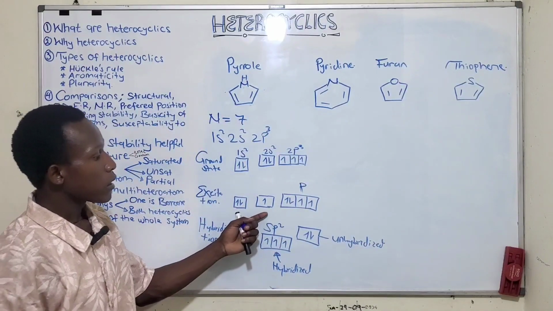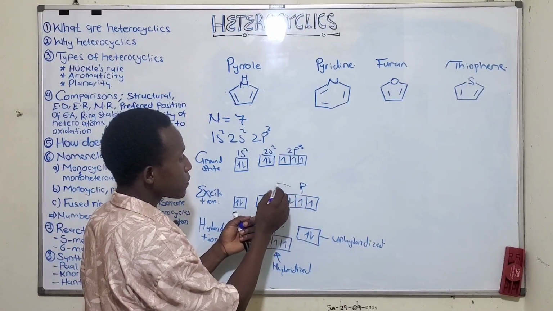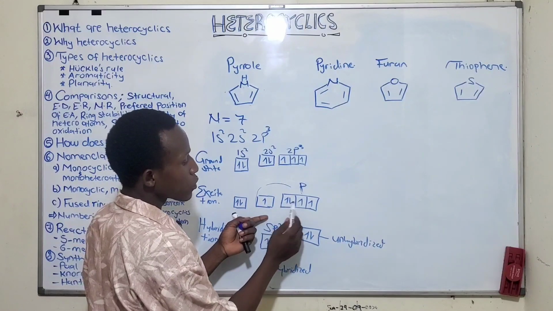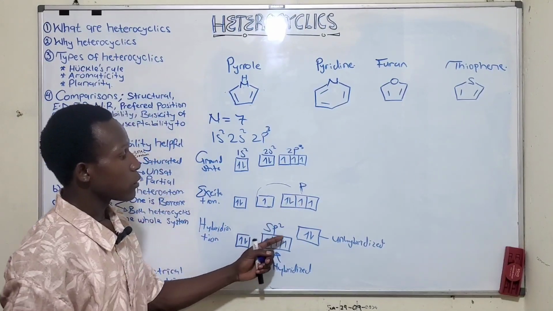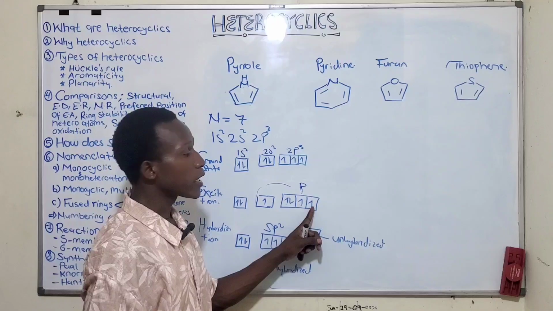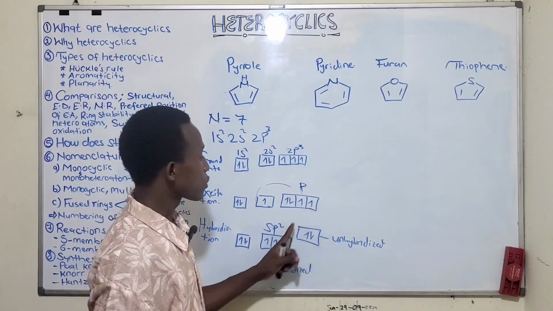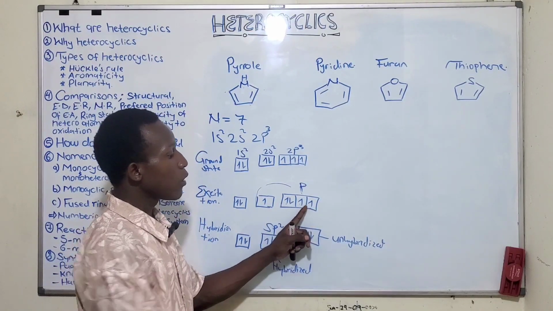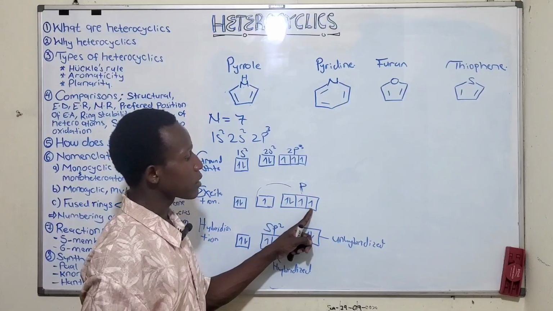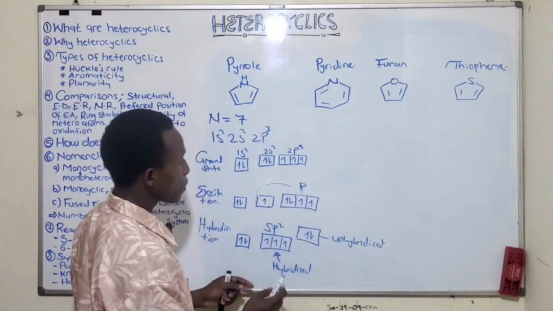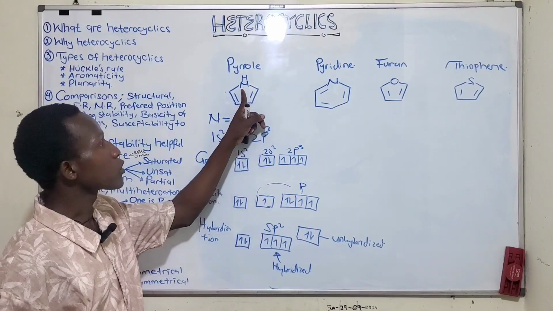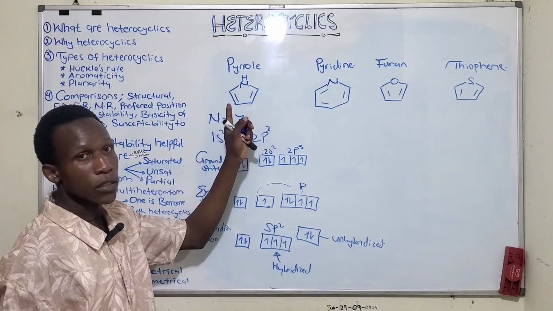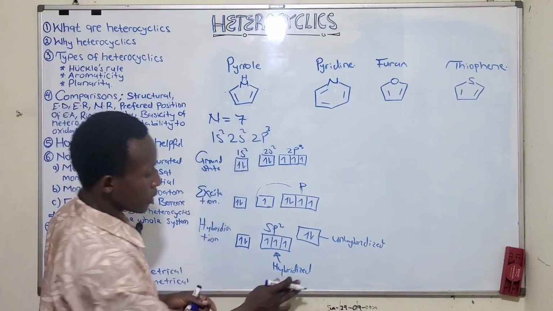If we are taking these two, we would have remained with 1 unhybridized electron. This one would be sp2, but 1 electron is unhybridized. If it is 1, we wouldn't make 6 electrons for the resonance or for the pi.